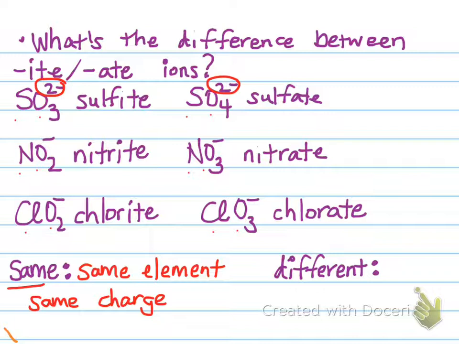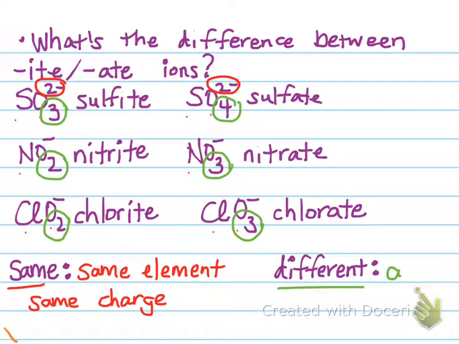They have the same charges. What's different then? So what do we see being different? 3 oxygens, 4 oxygens. 2 oxygens, 3 oxygens. 2 oxygens, 3 oxygens. So what's different? The amount of oxygen.